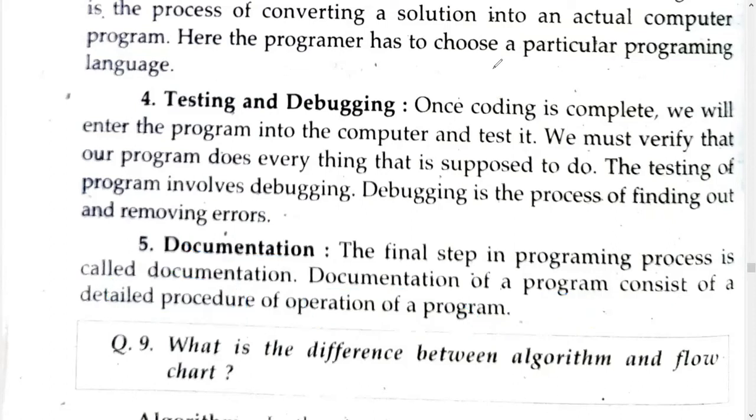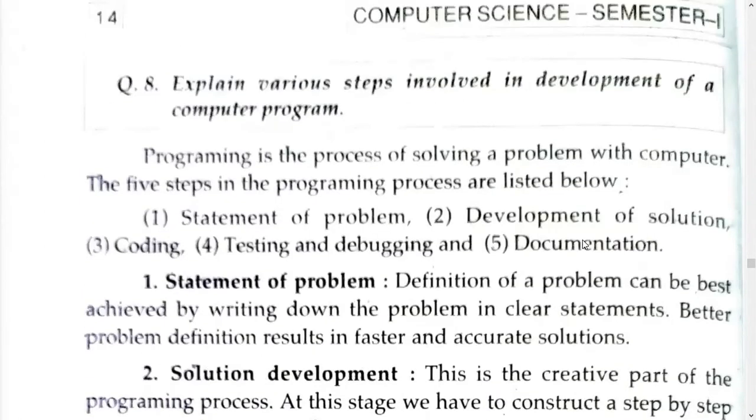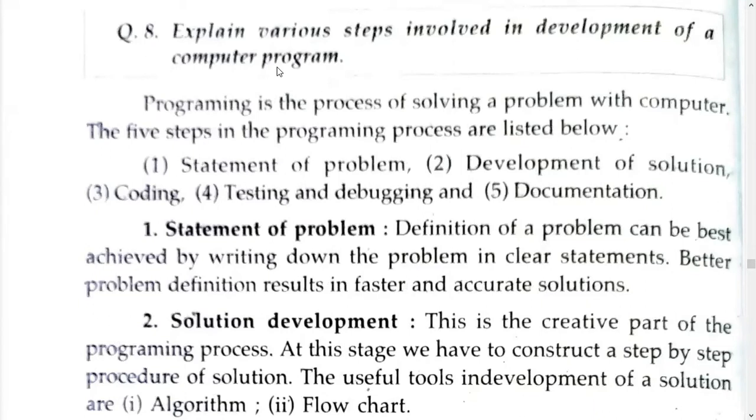It is like a step-by-step explanation of the program. Which step in the algorithm part of the program is executing which task. Okay, so this is called documentation. These are the 5 steps in a computer program: statement of the problem, development of the solution, coding, testing and debugging, and documentation.